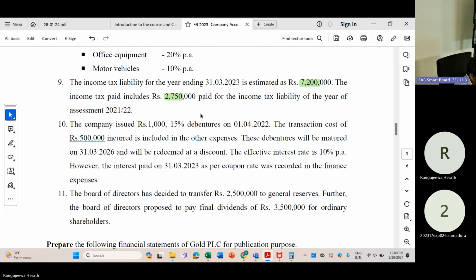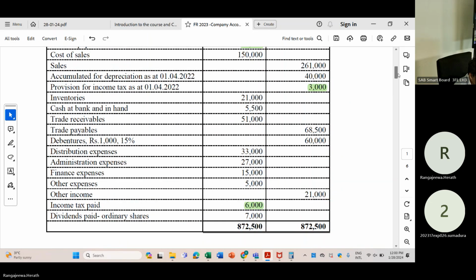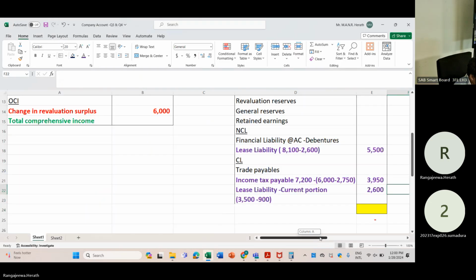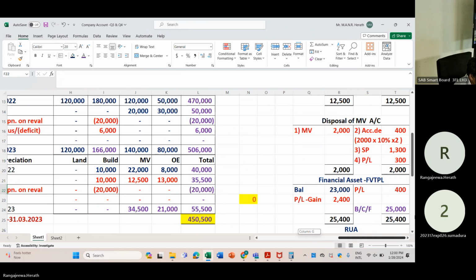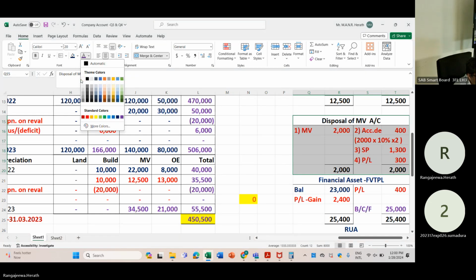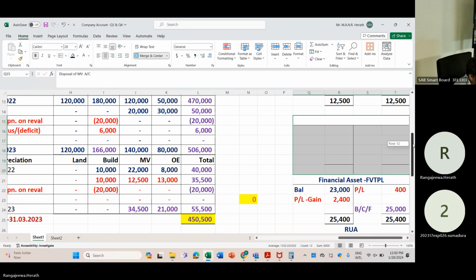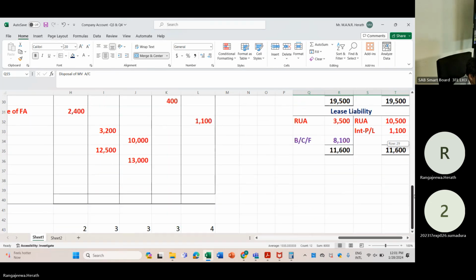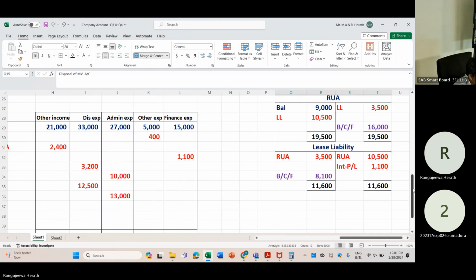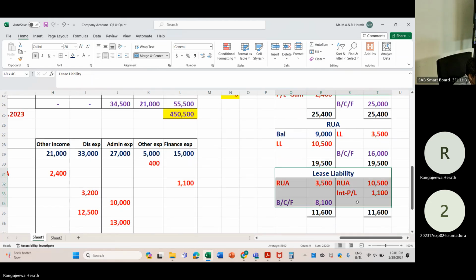Then we have a debenture issue. දැන් debenture account එකේ තියෙනවා balance එක 50,000. I will have this debenture account.